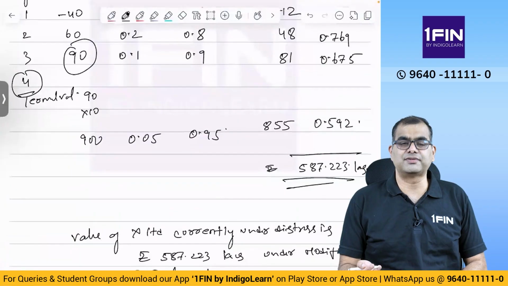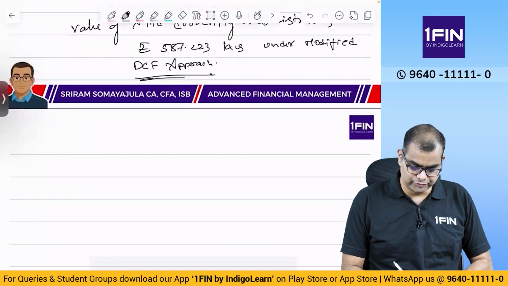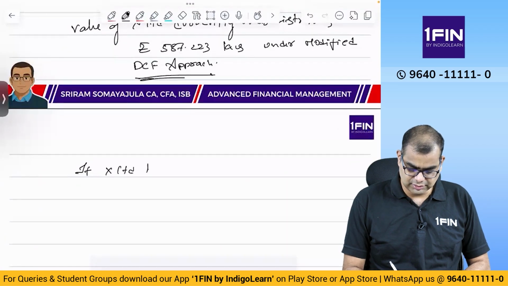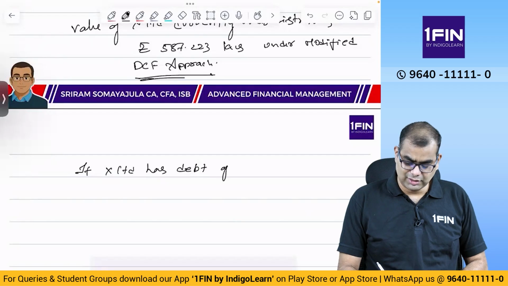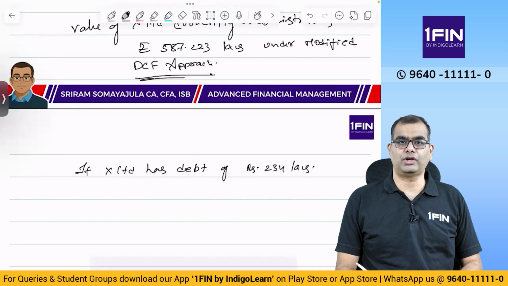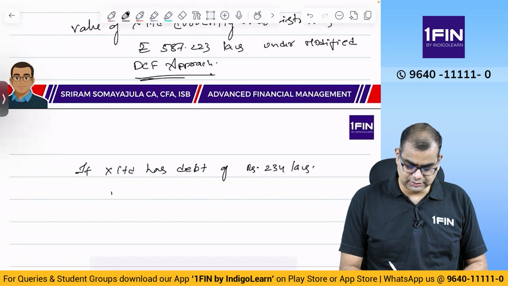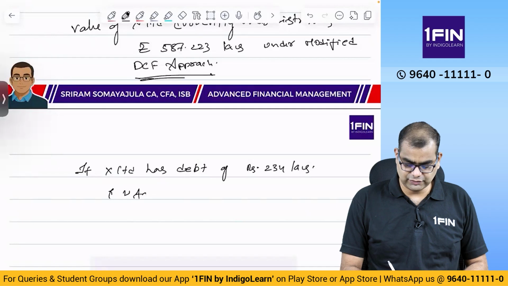Because the question very specifically says there is no debt. What if there was debt? Let us assume X Limited had debt of rupees 234 lakhs, and WACC is 14%.